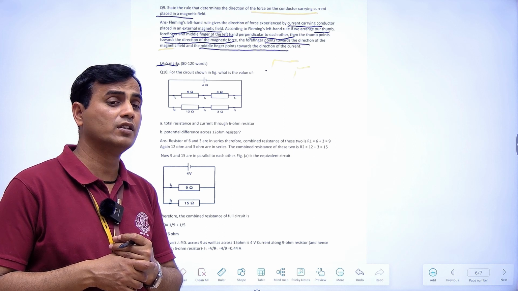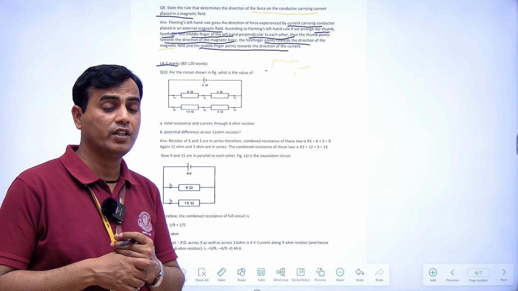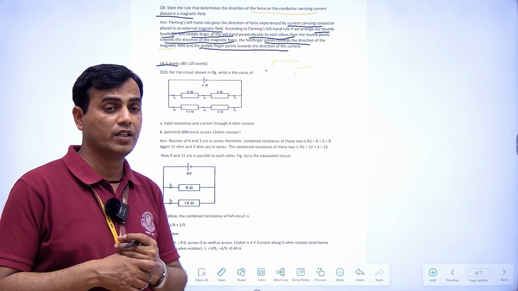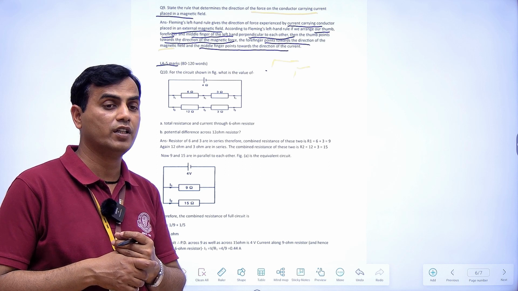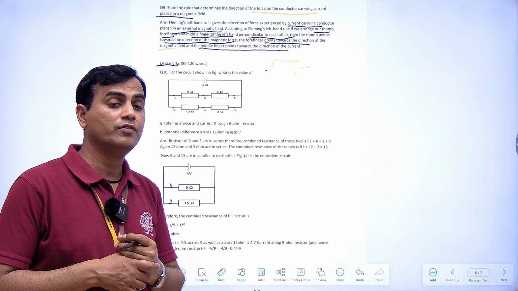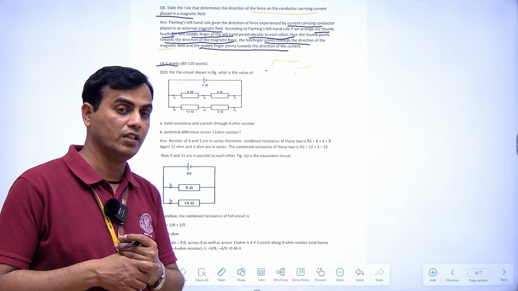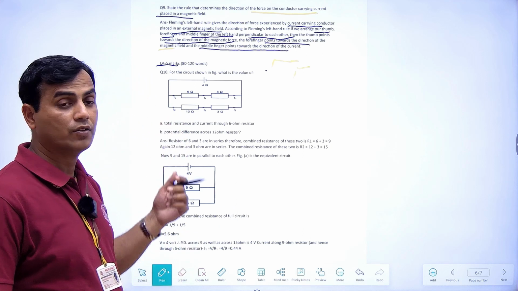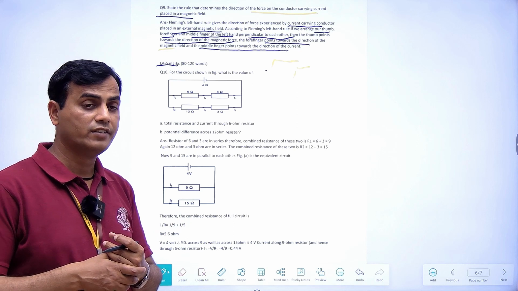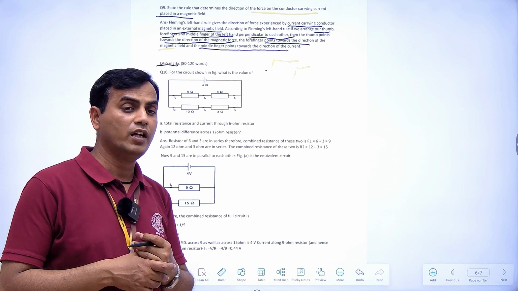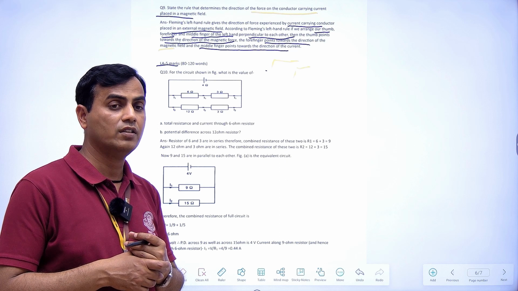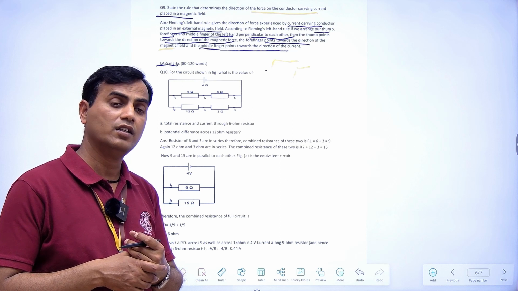Another portion that also provides numericals in this chapter is power, how we can calculate the power if the same type of circuit is given. I have given here to calculate the total resistance or equivalent resistance and potential difference in one line and current in another line.